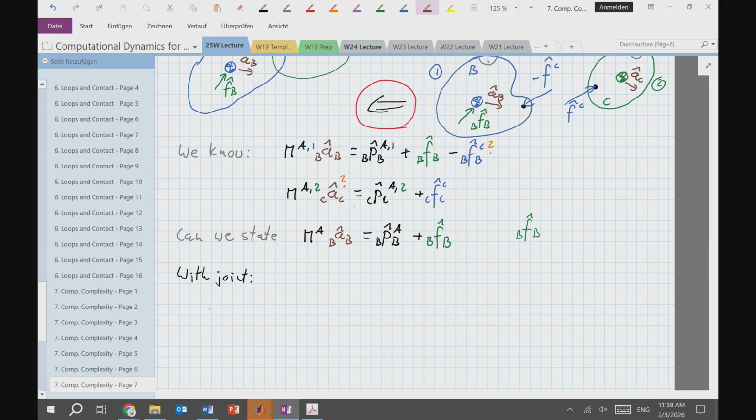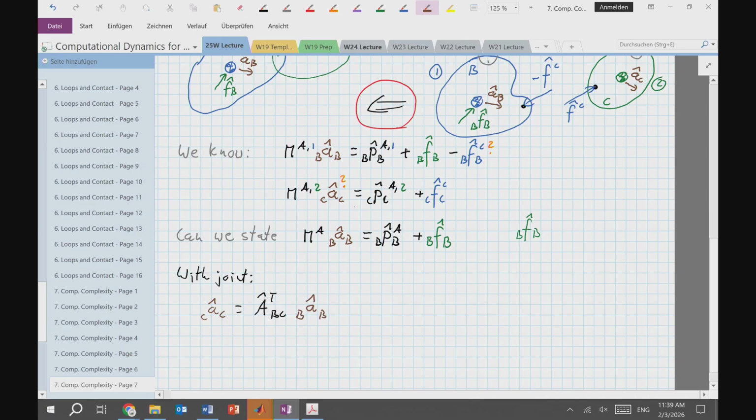It's a bit involved, the math, but maybe you believe me from experience of what we've seen so far, that I can say the acceleration of the green handle, let's write this as A_C hat, is somehow dependent on the acceleration of the blue handle, body B.